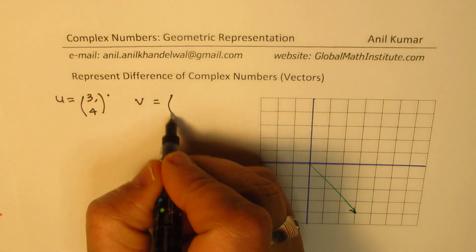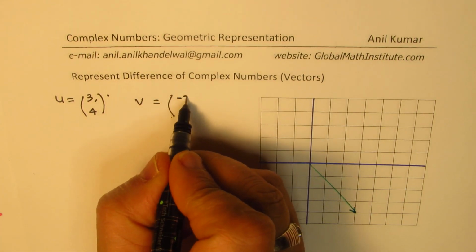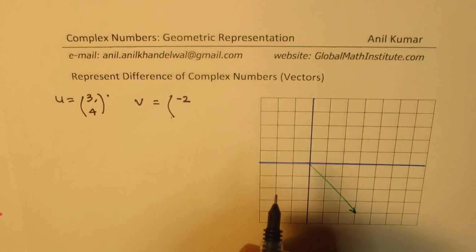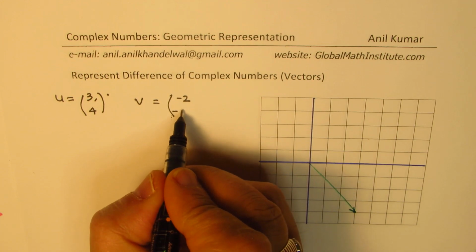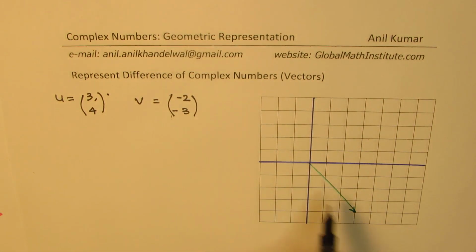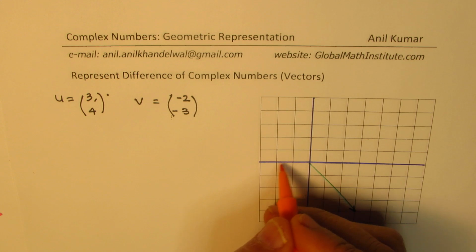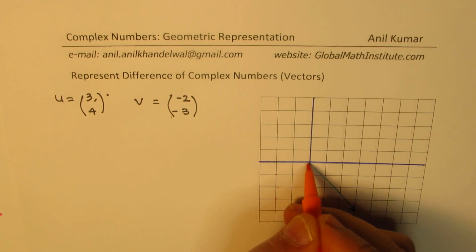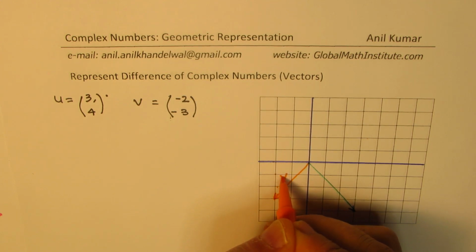Now we want to subtract the vector v. So let's take this vector as, let's say, minus 2 minus 3. Okay, so I'm going with the space which I have. So vector v is minus 2 minus 3, which will be represented as minus 2 and minus 3. So that is vector v for us, correct?